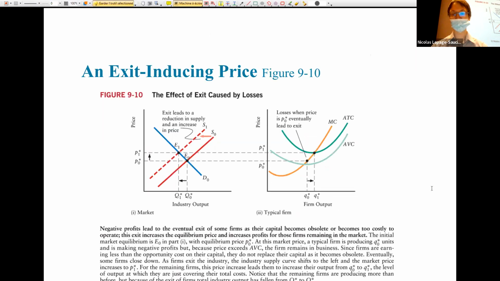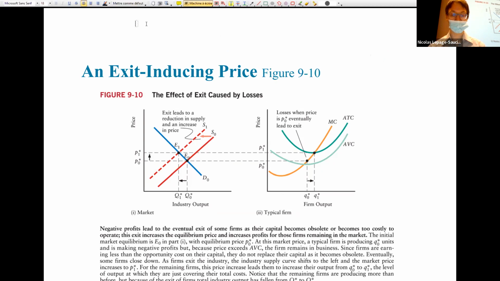And then this is the reverse. If firms are making losses, so the average total cost is above the market price at P0, firms exit the market, and then Q0 increases to Q1.